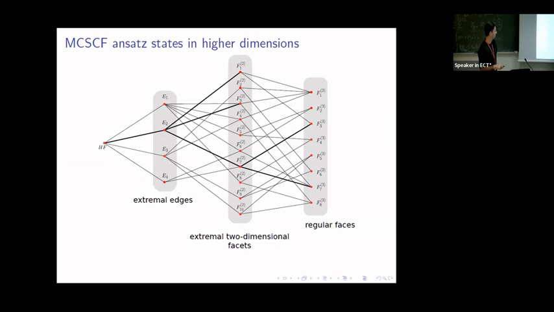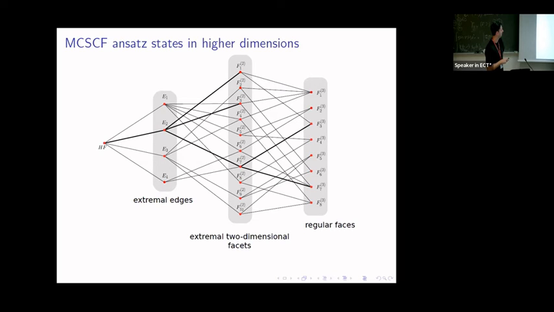Okay, and then there will be some three-dimensional faces of the polytope, again with some inclusion relation. And to find some low energy within this scheme, you would just start with the Hartree-Fock, compute all the energies corresponding to those edges, and pick the lowest one, let's say this one.